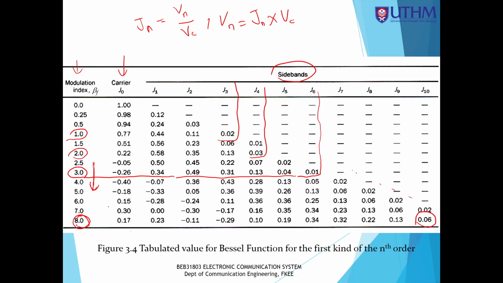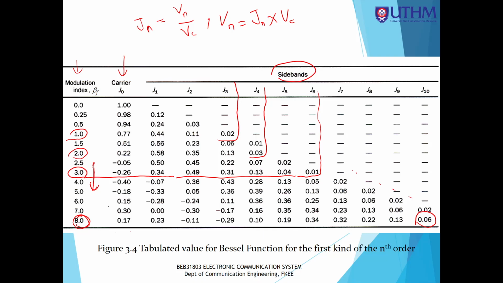If you search in Google for the Bessel function table, it will show you all the details of the sideband values, up to very small values. So this table is not 100% accurate because it has omitted the values less than 0.01, but no problem, we can still use it. Even in the exam we will give you this table, so you can give your answer based on this table.